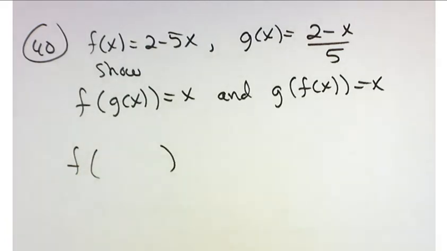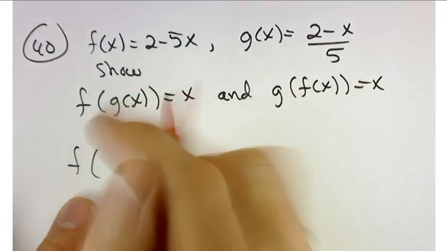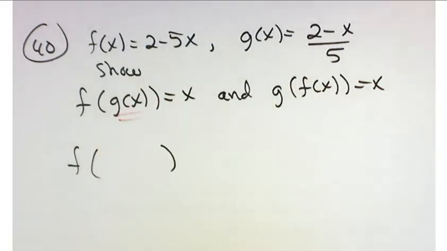So for this first one, and I copied these down, right? Yes, I did. Starting from the inside out, g of x is 2 minus x over 5. That doesn't look too good.